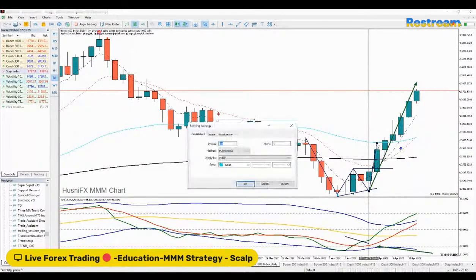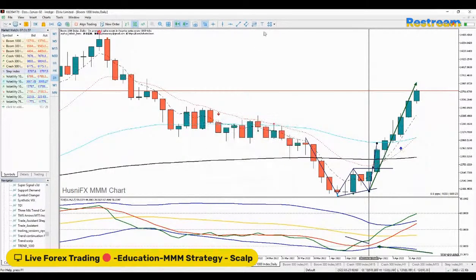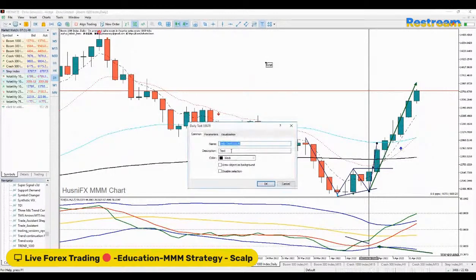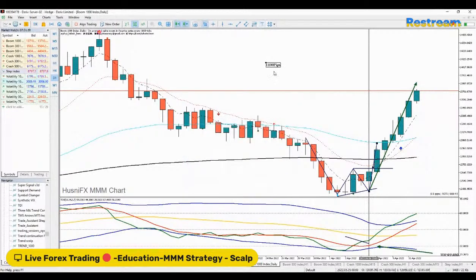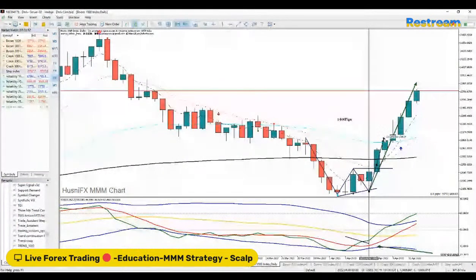When it comes in the daily, 140 pips for rejection, as the market makers do this. When price moves 140 pips, what happens is the market, like you can see here, we got a rejection.